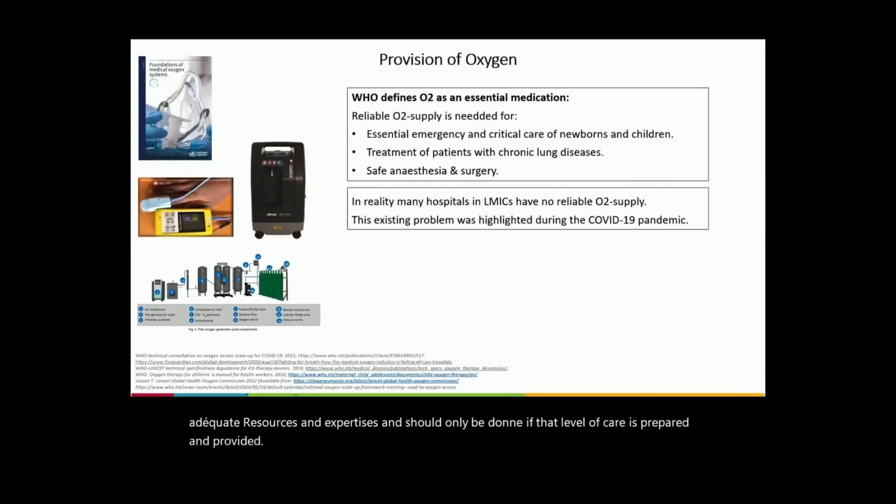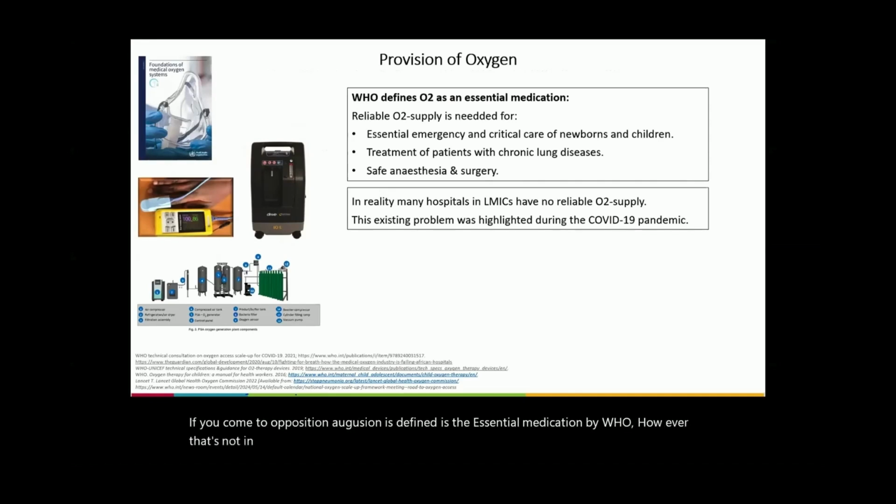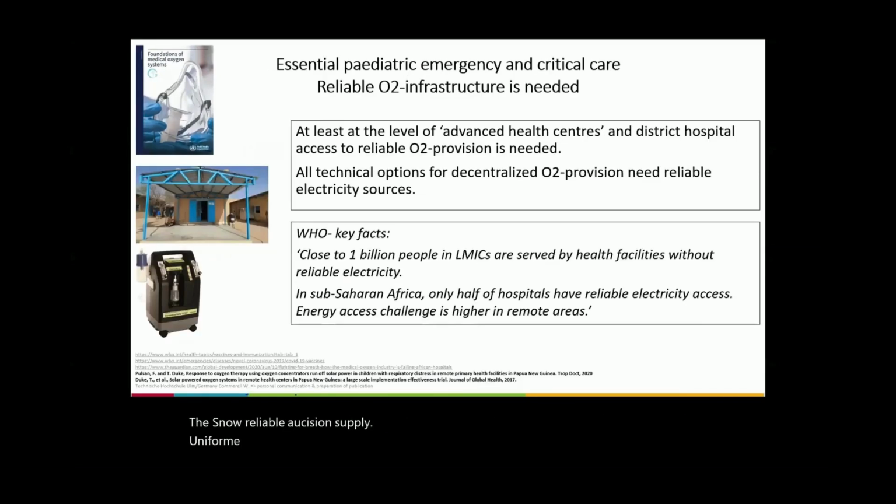If we come to oxygen, oxygen is defined as an essential medication by WHO. However, in many low-resource contexts, in many health facilities, there is no reliable oxygen supply. Any form of decentralized oxygen provision needs reliable electricity sources.